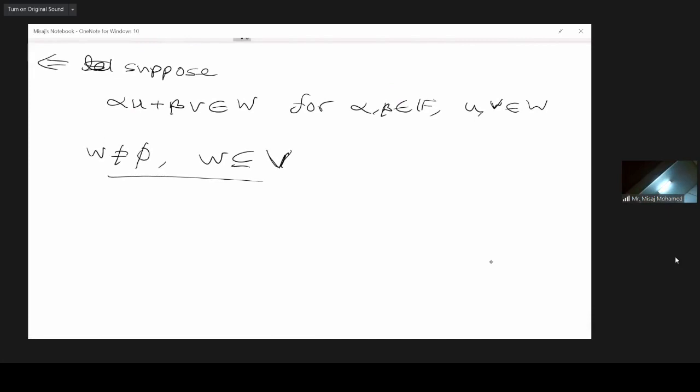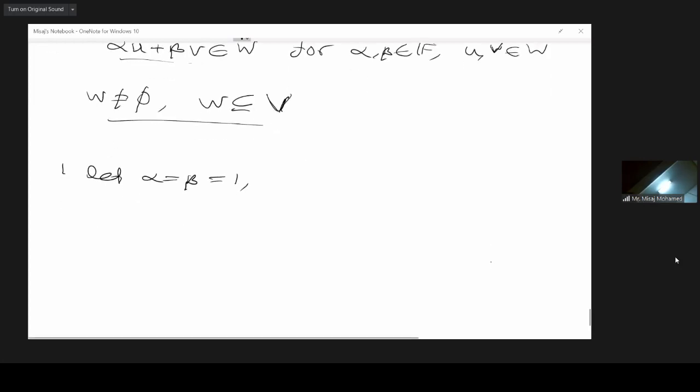So this is given. So first property is closure property. If U and V are from W, already U and V are from W. Right. Let alpha equal to beta equal to 1. Take 1.